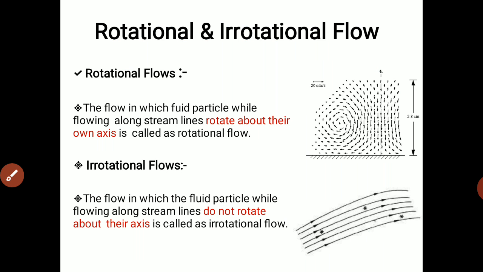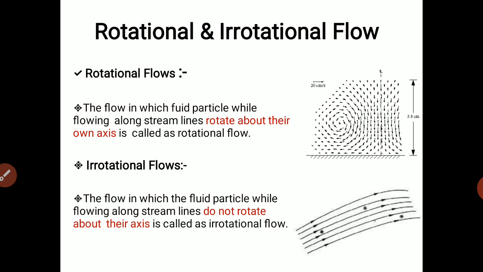Then rotational and irrotational flow. So what is rotational flow? For example, motion of liquid in a rotating cylinder is a rotational flow. Irrotational flow is the flow of liquid in an emptying wash basin. A free vortex is called irrotational flow.